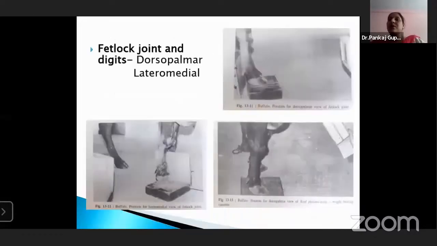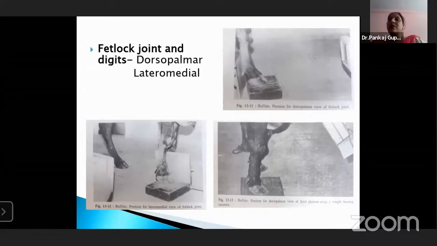Now, fetlock joint and digits. For the fetlock joint, we can place the joint on a wooden block to raise it so that we can place a cassette behind it or beside it. The first picture depicts the dorsopalmar view of the fetlock joint. The second picture on the left depicts the position for the lateromedial view, and the third picture is for the radiography of third digit.